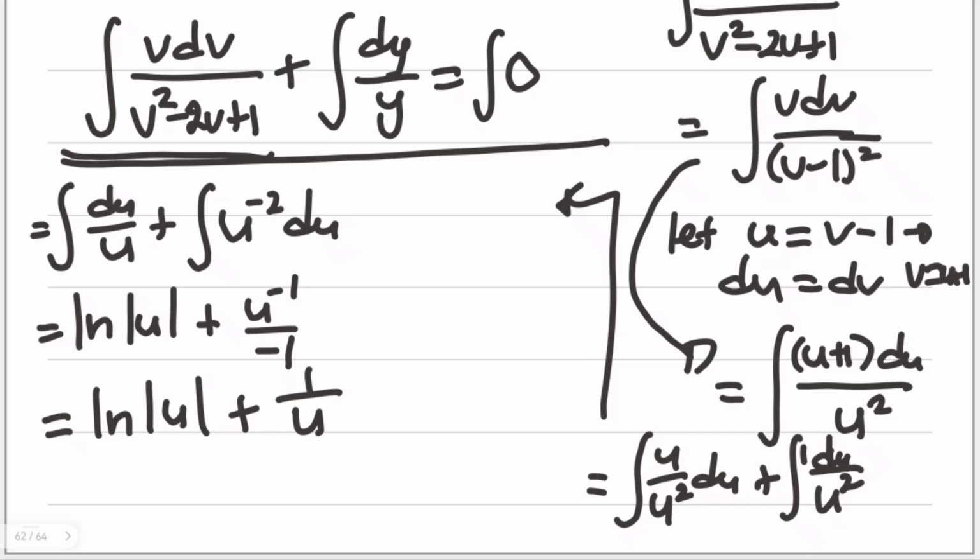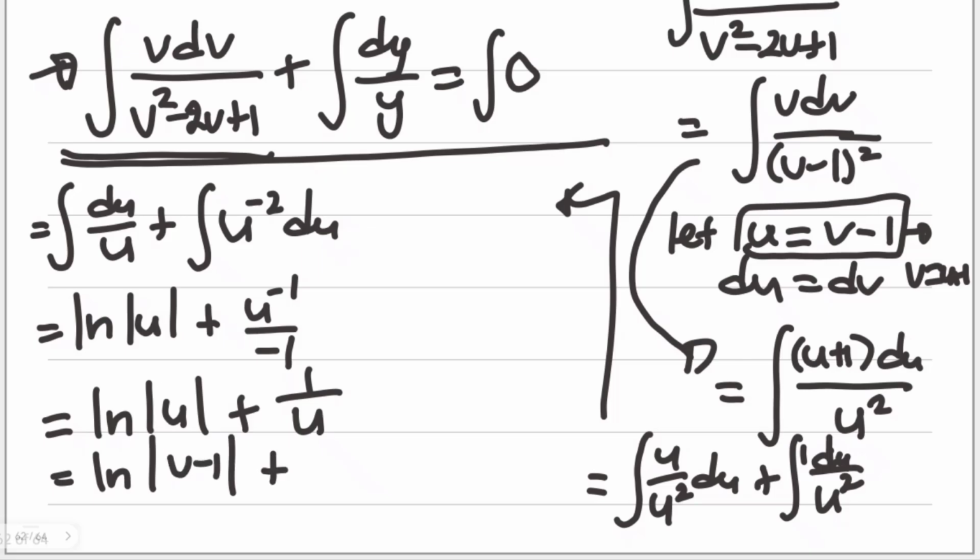And take note, what was u earlier? U is v minus 1 as we return to v, because this is what we are trying to solve. So we have here the natural logarithm of v minus 1 plus 1 over v minus 1, or plus c.